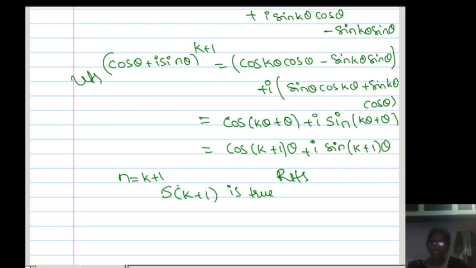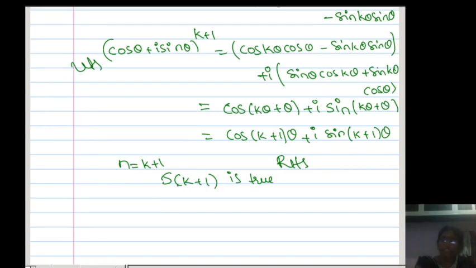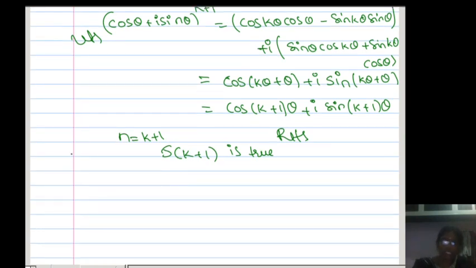So by using the principle of mathematical induction, now I can conclude that the given statement S of n is true for all natural numbers, meaning n belongs to positive integers.